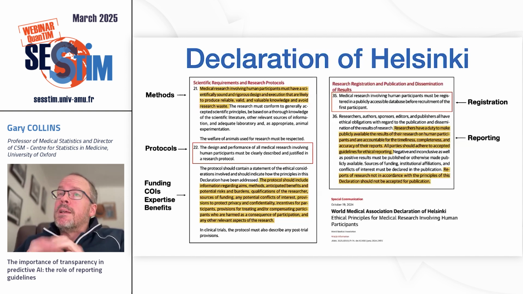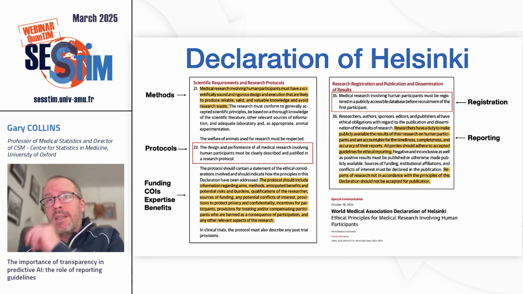But importantly, in the yellow on the right hand side, they say researchers have a duty to make their research on human participants publicly available. They are accountable for the timeliness and completeness and accuracy of their reports. All parties should adhere to accepted guidelines for ethical reporting. And if you don't follow these principles, then the declaration says that article should not be accepted for publication. So in the recent update, they're stressing the importance of timely and complete and accurate published reports of scientific research.